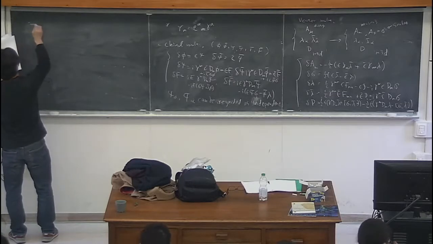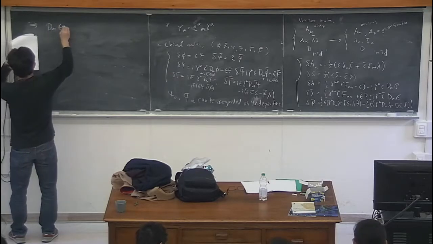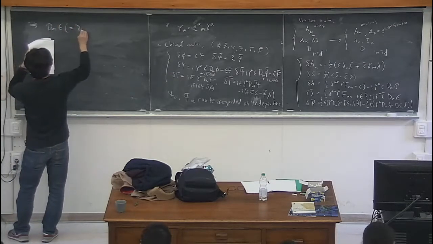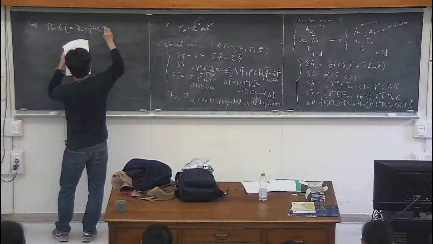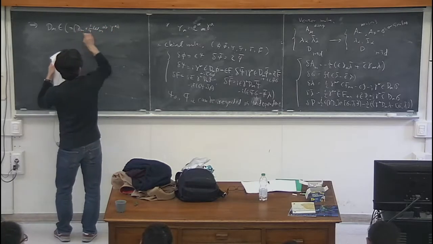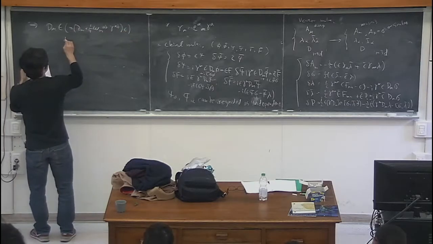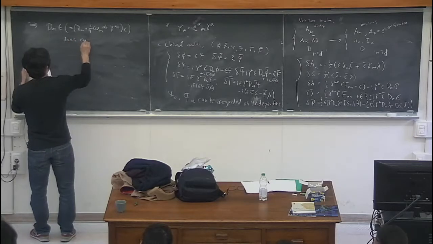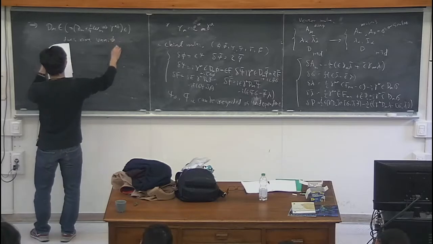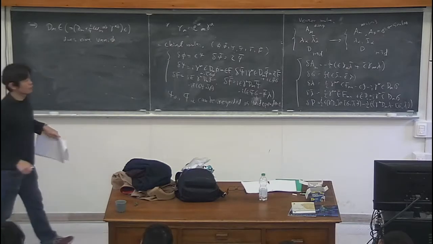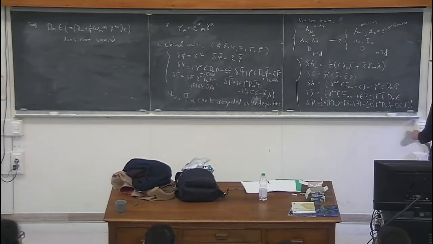Then the first thing we can see is, to show the supersymmetry algebra, we need to take the commutator of this delta.